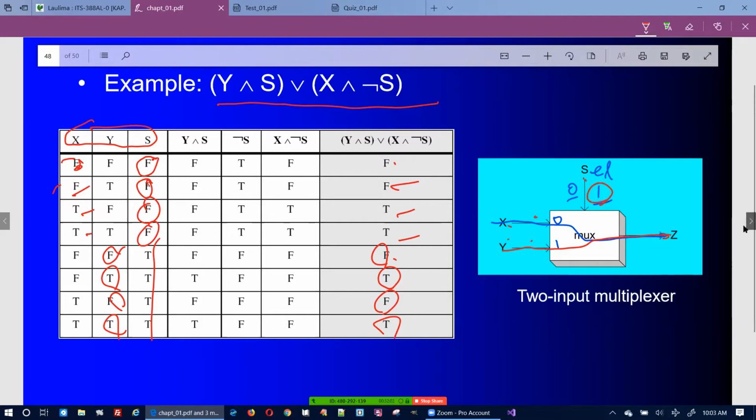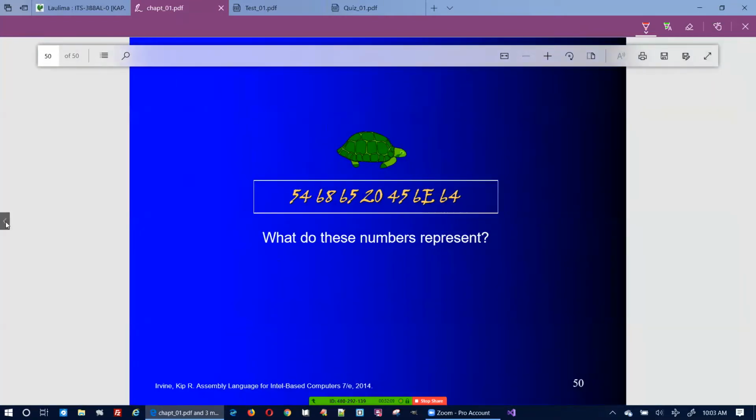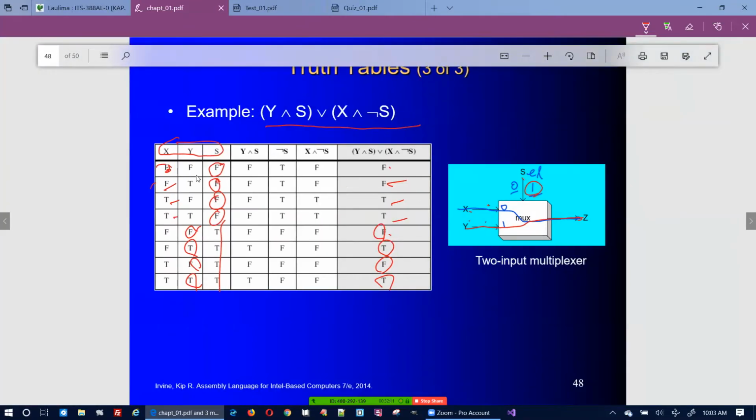The reason I went through that is because there is a question on one of the tests or quizzes where you have a 4-input multiplexer.